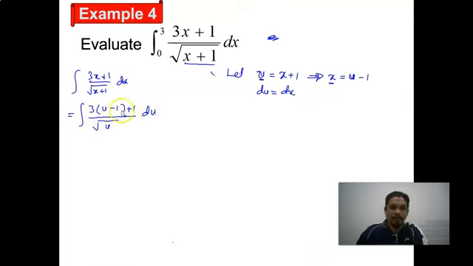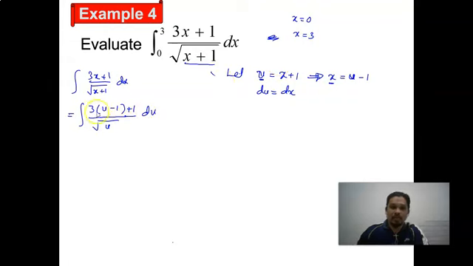Do you find any x left here? No. Okay, it's all turned into u. So in that case, let's take a look at the value of x when x equals 0 and when x equals 3.